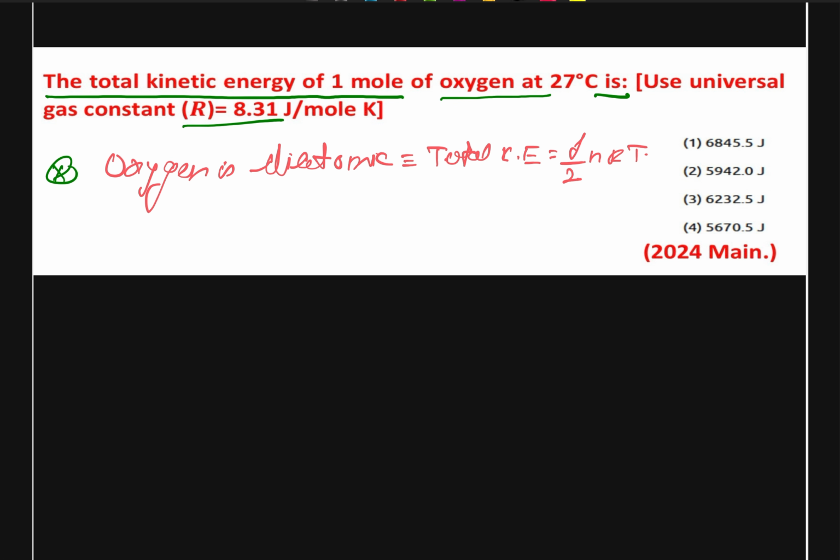Therefore this will be equal to 5 by 2 multiplied by the number of moles, which is given as 1, the constant is given as 8.31, and the temperature is 27, so that will be 300. Therefore the solution will be close to 6232.5 joules. So option number 3 is correct.